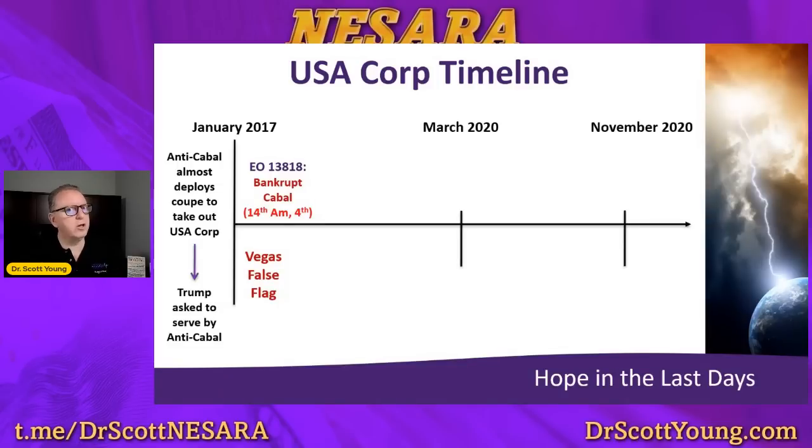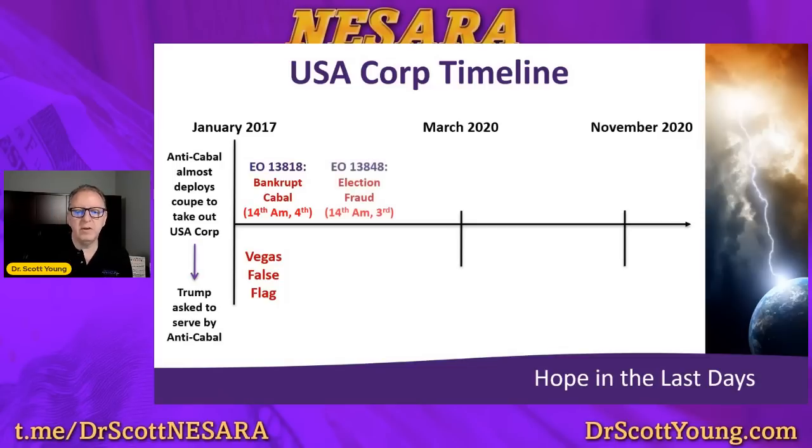It's really close to the Vegas false flag. So what it does is it sets up our next point. It says we're taking out money. Right around that same time frame, all the billionaires start trying to take money out of their own companies because they know what's coming.